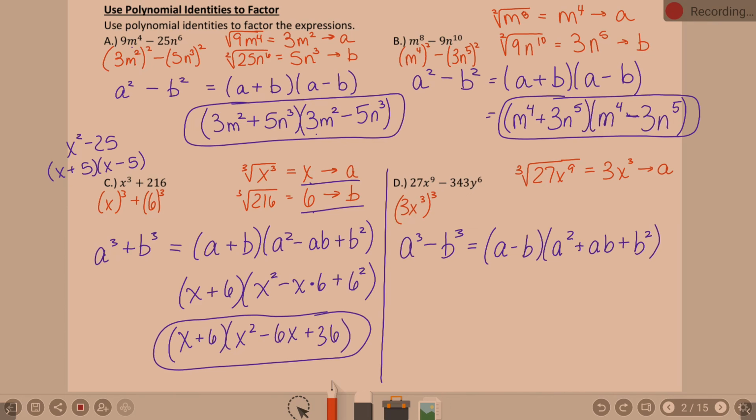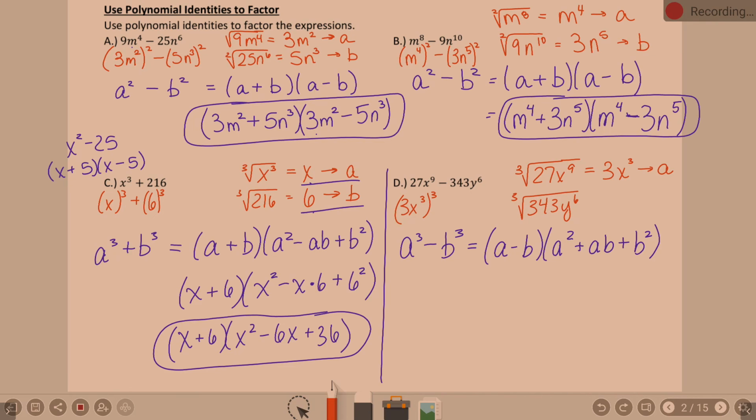Okay. Cube root of 343y to the 6th. Did you ever figure it out? Remember, if I want to do a cube root, I can do 3, my x root button, and then 343.